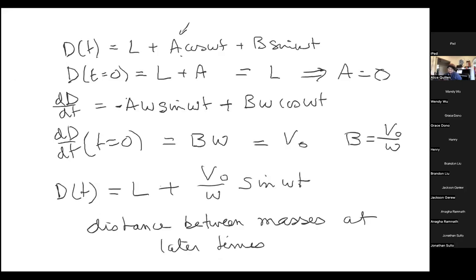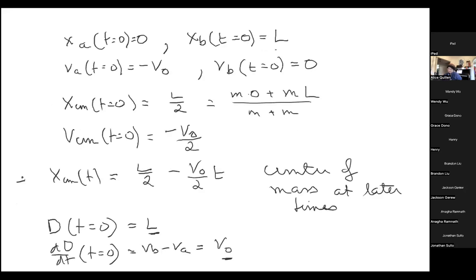So here's the distance between them, and on the previous slide we had the center of mass position at all later times. We can use the inverse transform to write down the position of both masses at all later times. So here's the inverse transform.